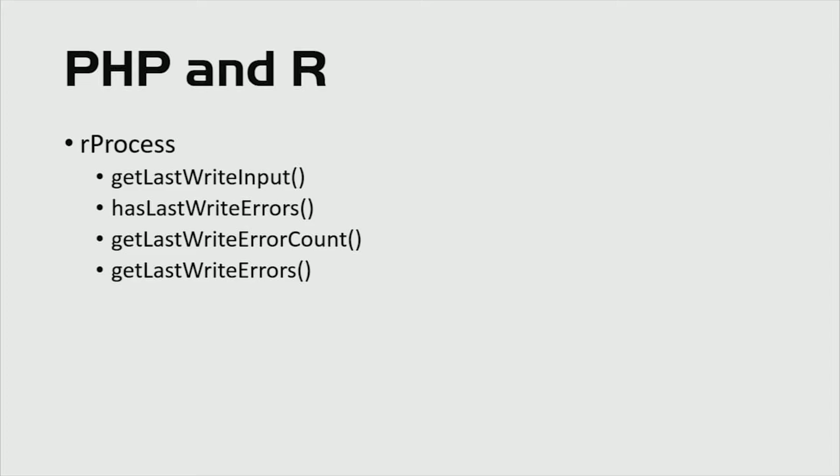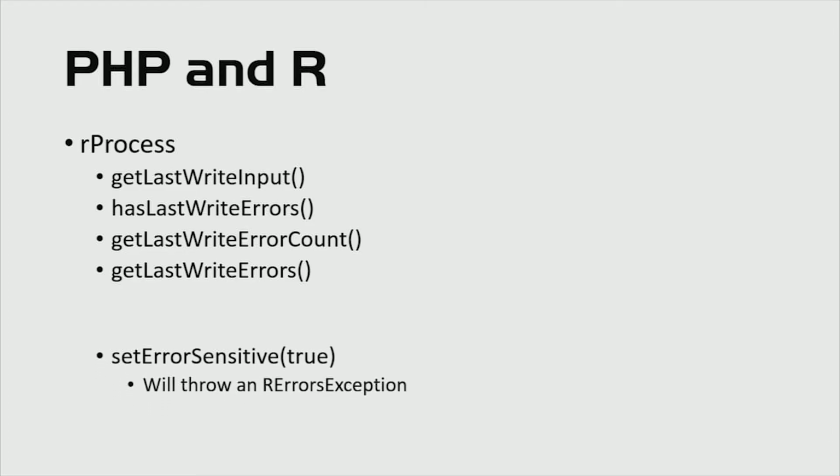I can get whether there were any errors raised. Have I put in invalid code? And I can get it to throw an R errors exception, which I can catch to handle at any point. So it's a fairly sophisticated little library that allows me to work interactively with R.